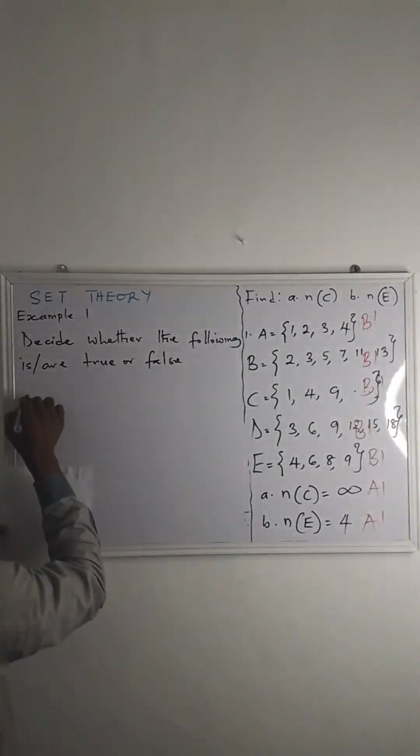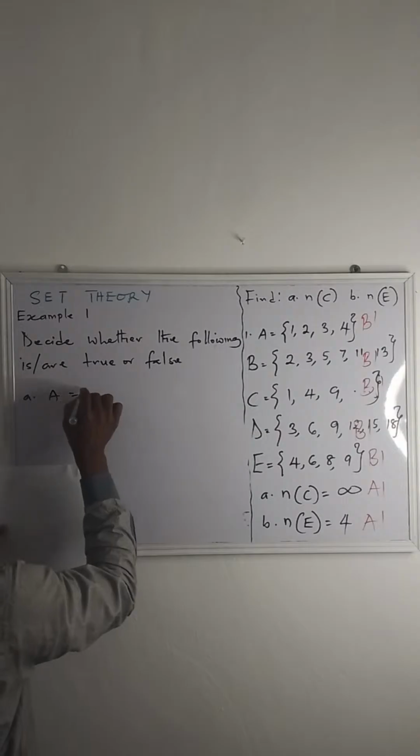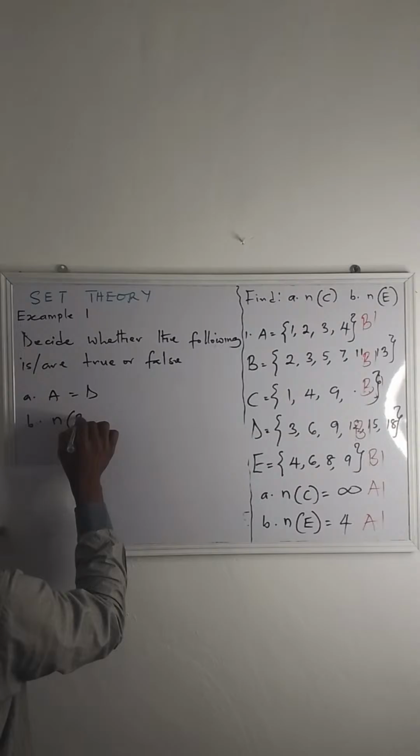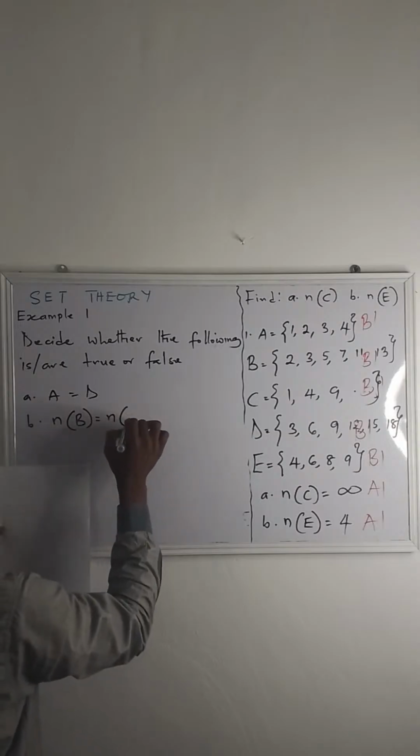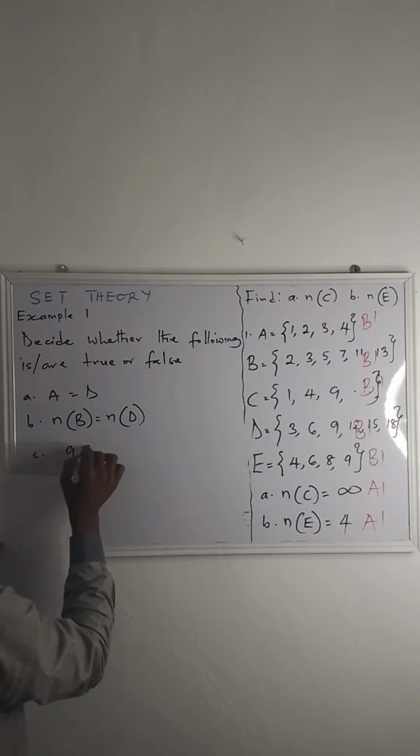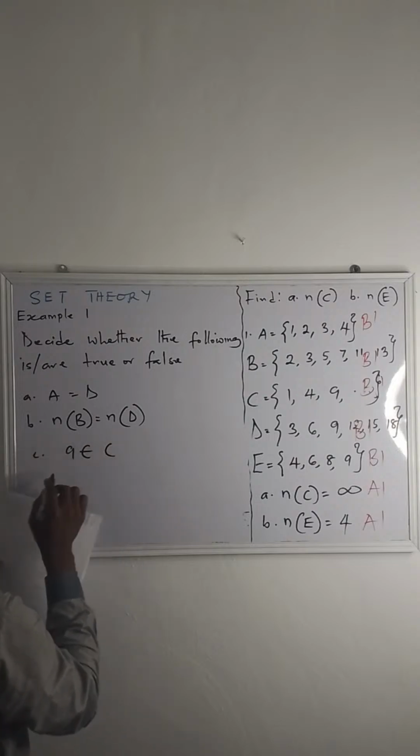Okay, so we have the first one, A equals D; B, number of elements in B equals number of elements in D; C, 9 is a member of C.